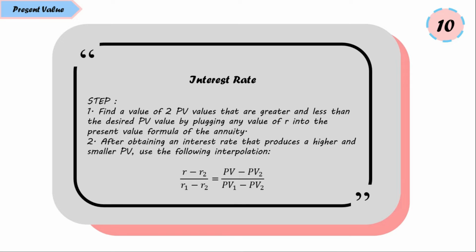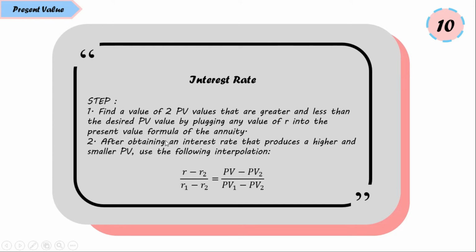Interest rate. Step 1. Find the values of two present values that are greater and less than the desired present value by plugging any value of R into the present value formula of the annuity. Step 2.